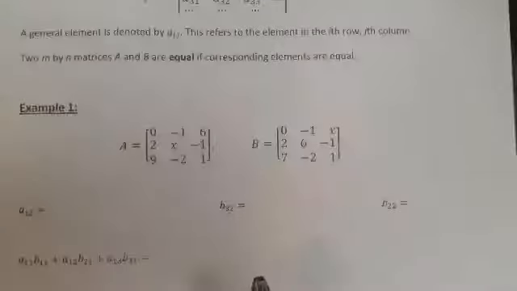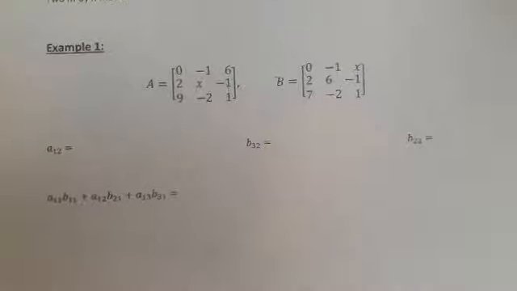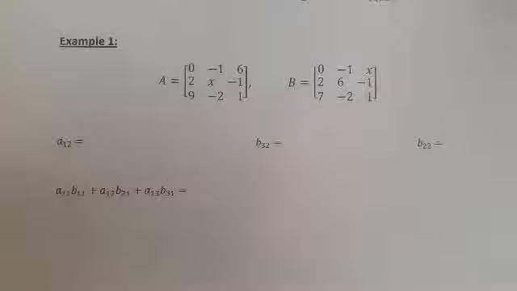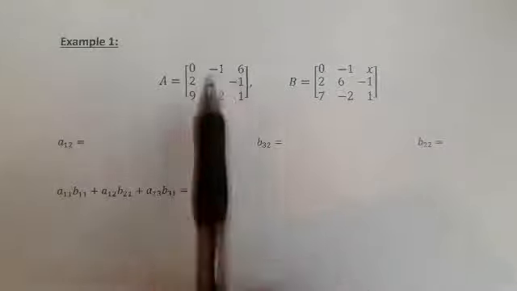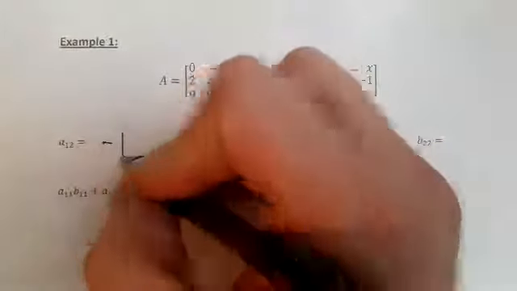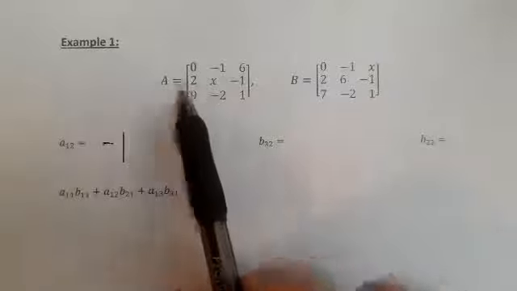If we're looking at this, they give us an example, and I'm kind of horrible with this row and column notation. I will flip those if I'm not careful. But A12, I believe, is this one, the minus one. This is A12, this is A21.